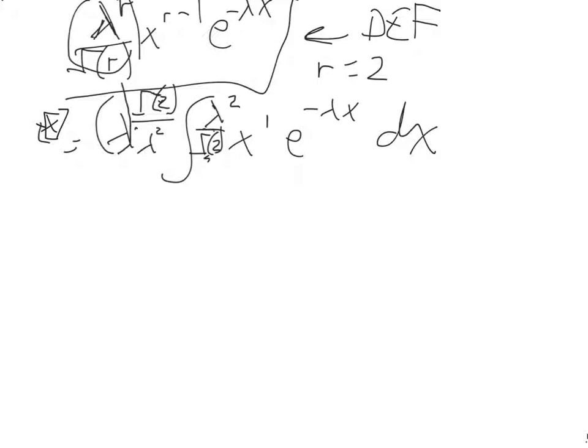Okay? All right, now let me change colors for a second. All this stuff in the red square brackets, isn't it true that that is the definition of a gamma function such that r is equal to 2? Yes, it is. All right, so that is a gamma probability function, a probability density.